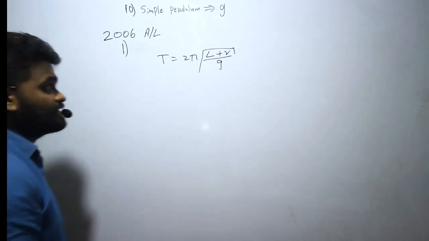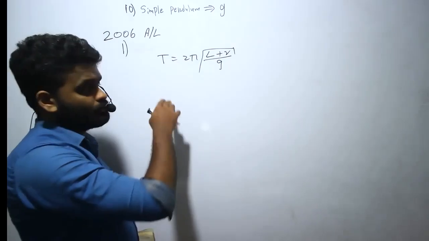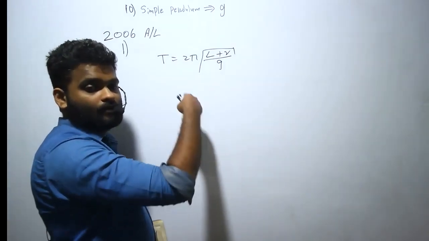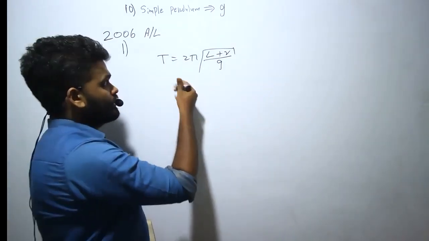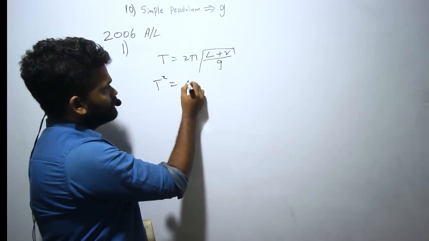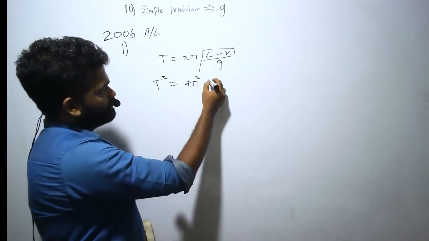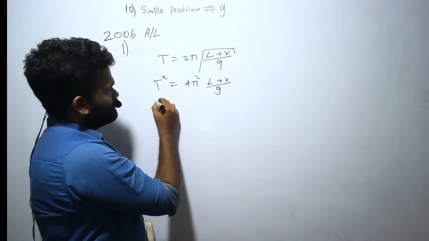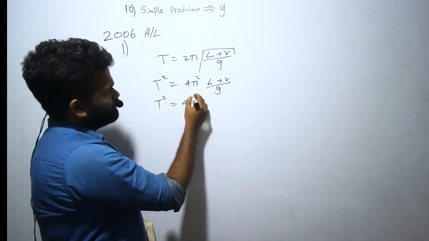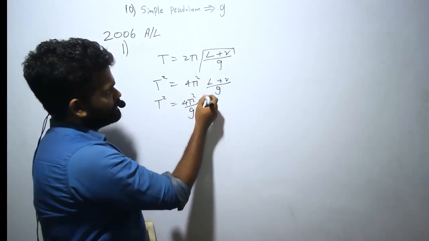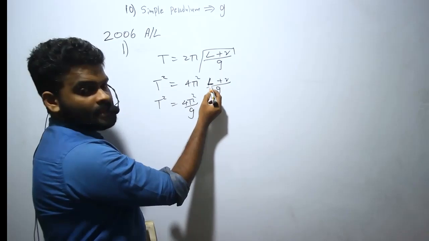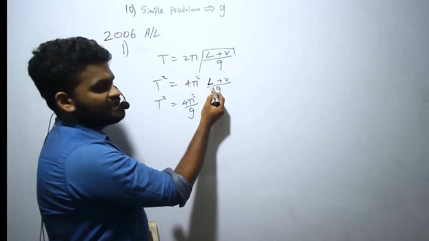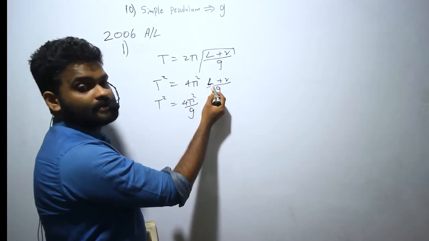Actually, you have to rearrange this. Rearranging means you have to make this in the form of y equals mx plus c. So here the x variable is length, right? Length of the string.